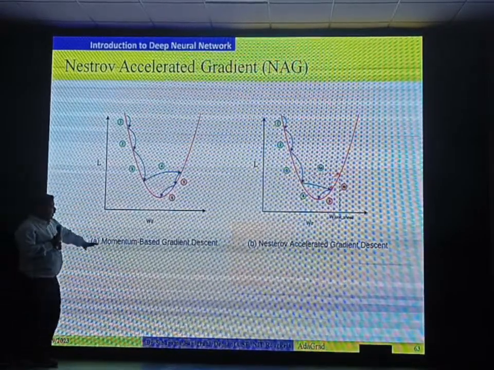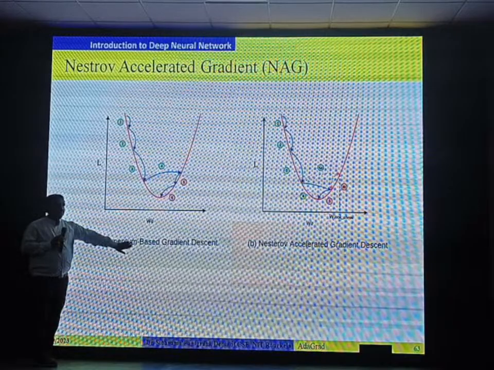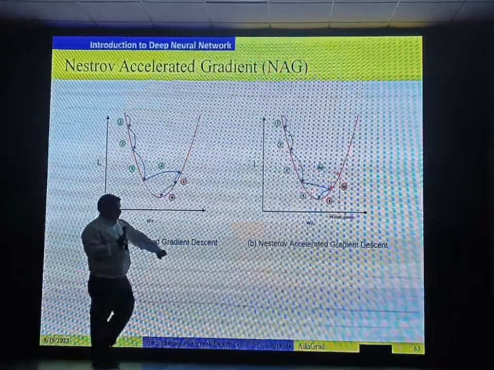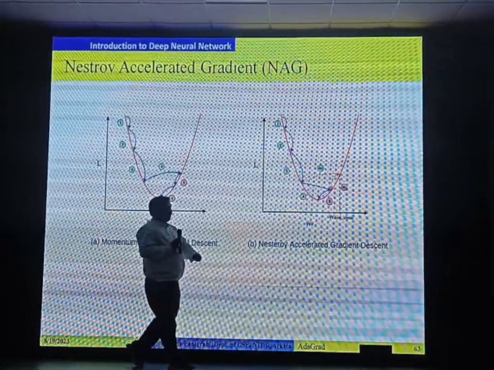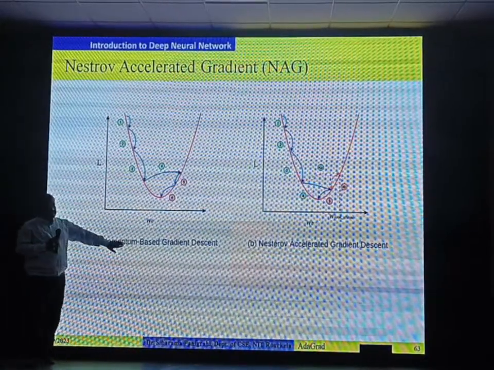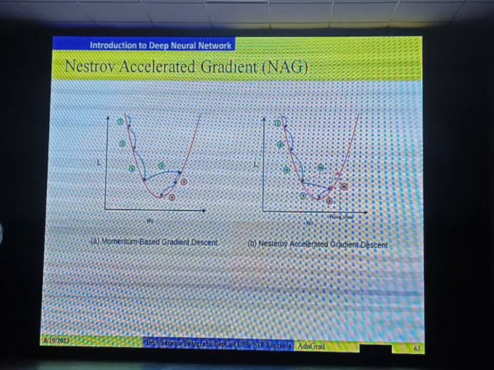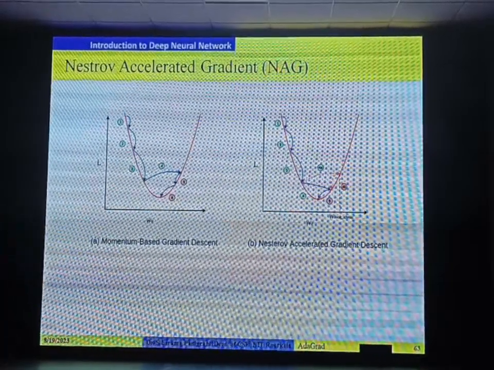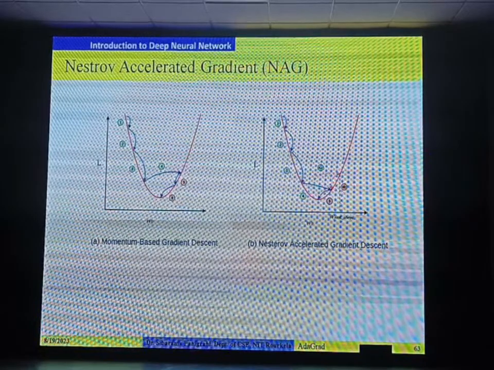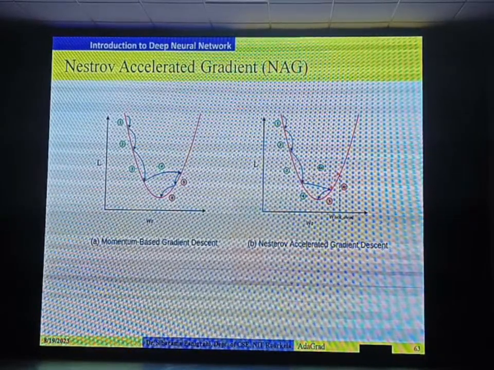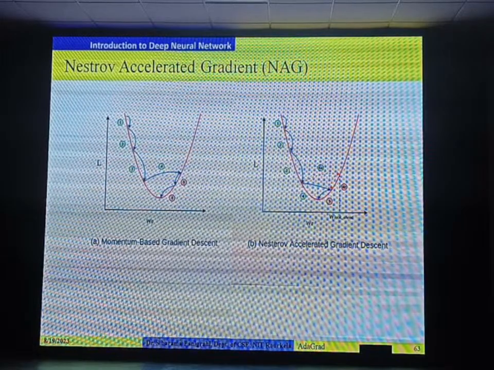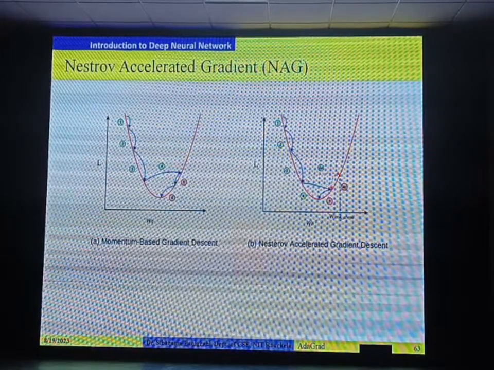This is momentum based gradient descent, meaning you have momentum and gradient. But this is accelerated gradient descent. In momentum based gradient descent you add momentum and gradient in parallel, at a time. Whereas in accelerated gradient descent, first you add the momentum term, then you add the gradient term.